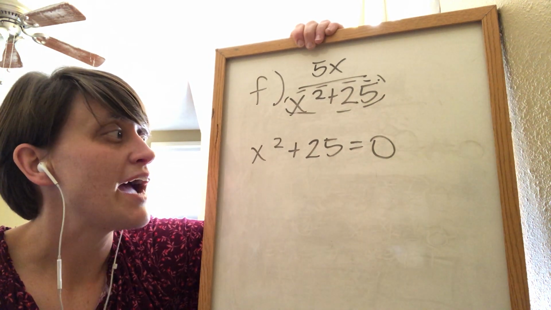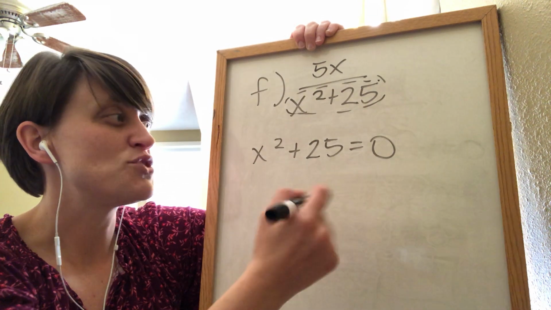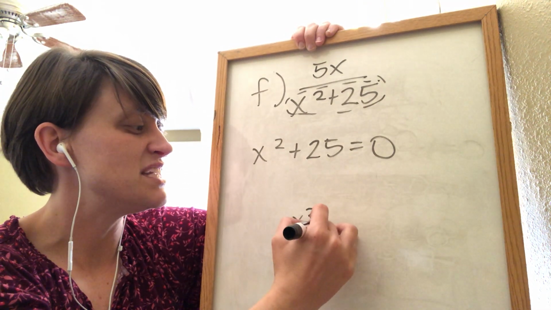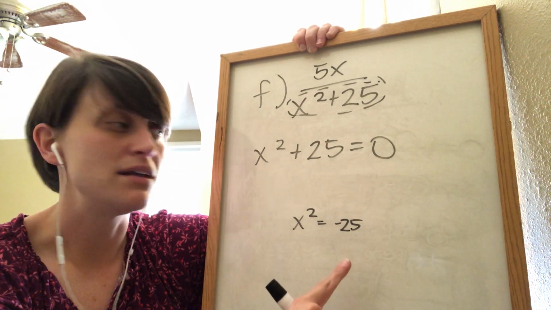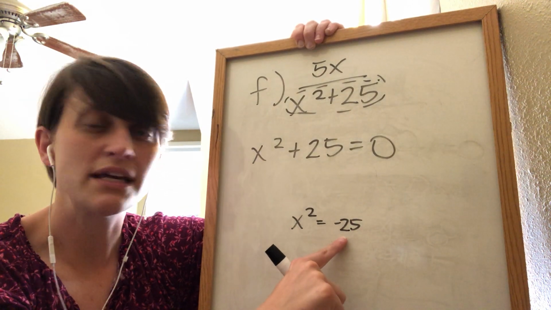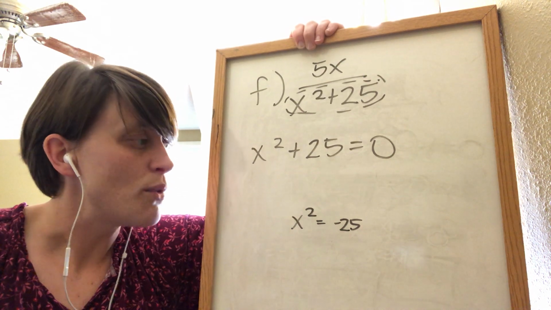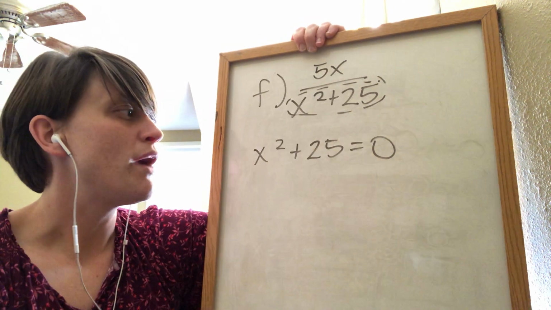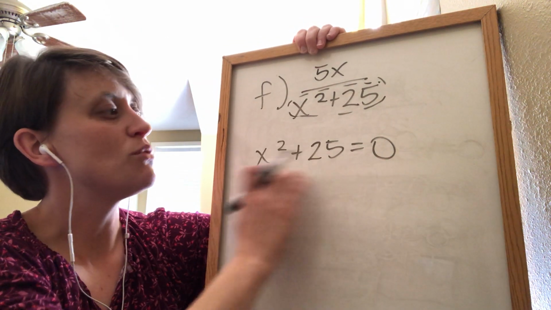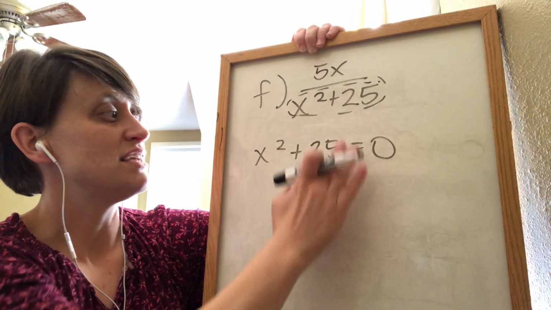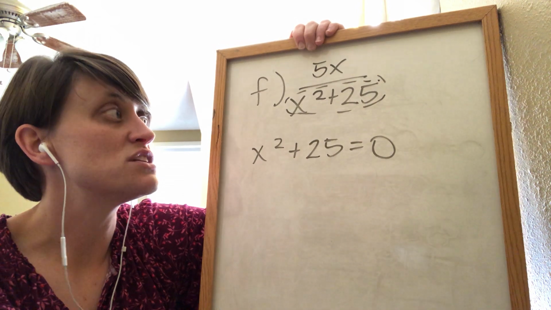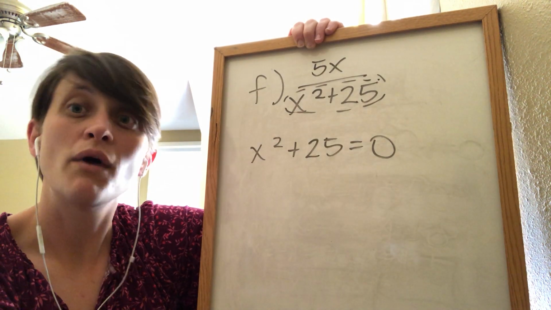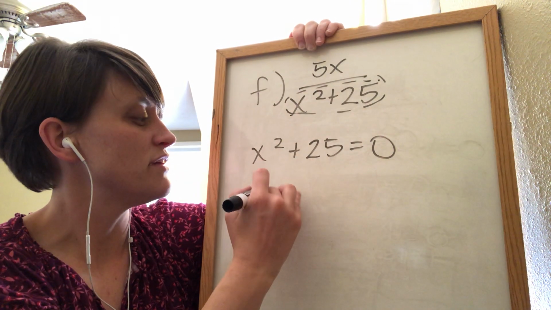It doesn't factor, and even if you try to subtract 25 on both sides, we'd end up in this boat. And we know that can never happen, right? Because we can never square something and get a negative number. So if you're ever in this situation where the equation you are trying to solve doesn't factor, and there isn't any solution to this equation, what it means is that there is no restriction on the variable.